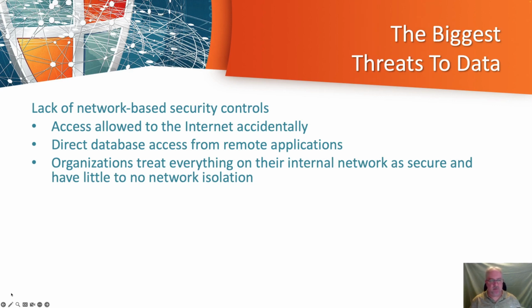That is certainly not something we do. And organizations treat everything on their internal network as secure and have little to no network isolation. That's why I was saying in the opening that we can't treat our networks like they're completely secure anymore. There's just too much risk involved.